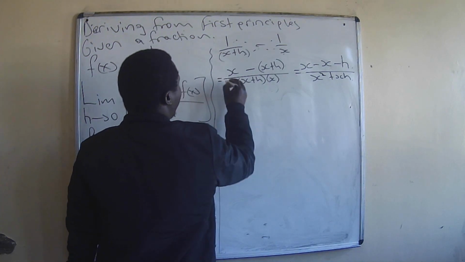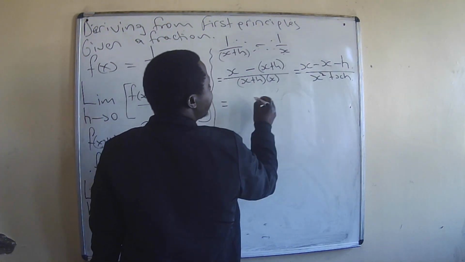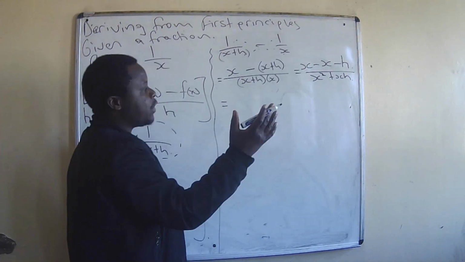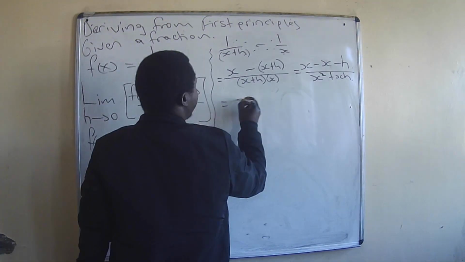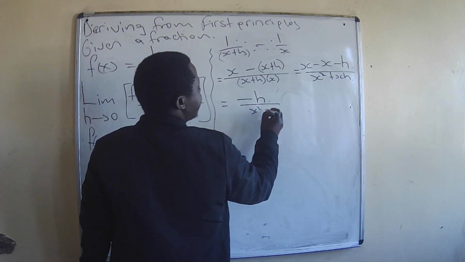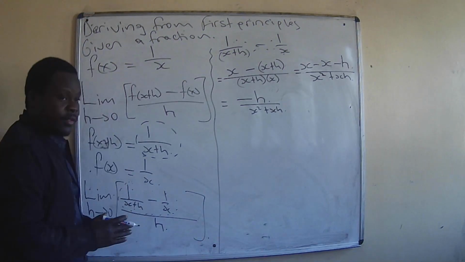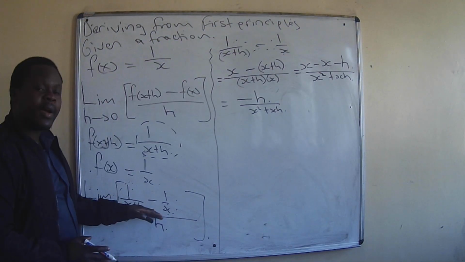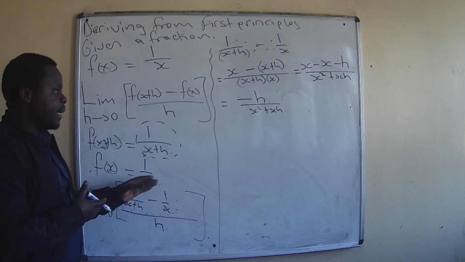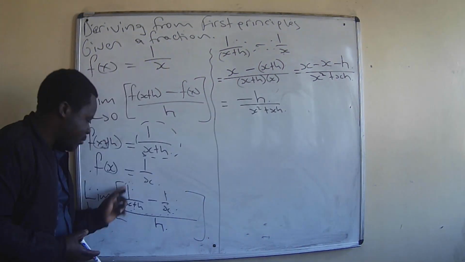So we are going to have our final answer, which is x minus x becomes 0 minus h, so negative h divided by x squared plus xh. What we have just done, we have simplified the numerator. Now let us bring back this on this position.